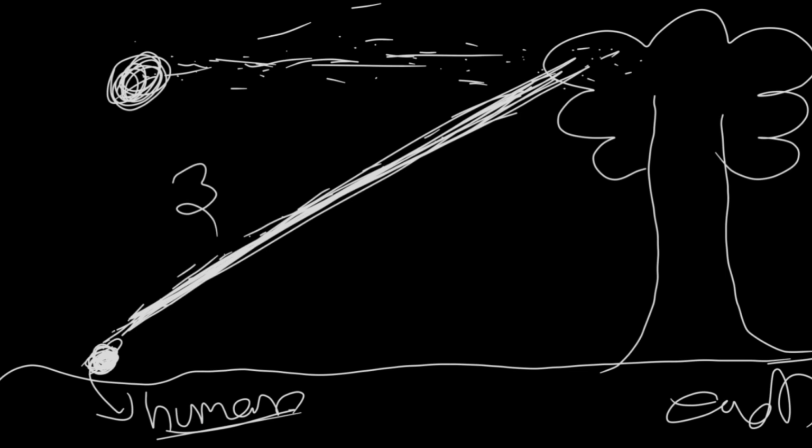I'll name the distance between the human and the tree as x, and the height of the tree as y. So z is the length of the ray, x is the distance between the human and the tree, and y is the height of the tree.